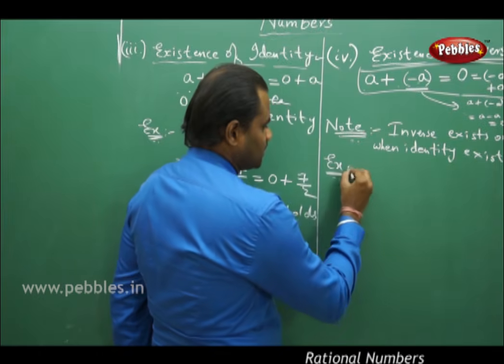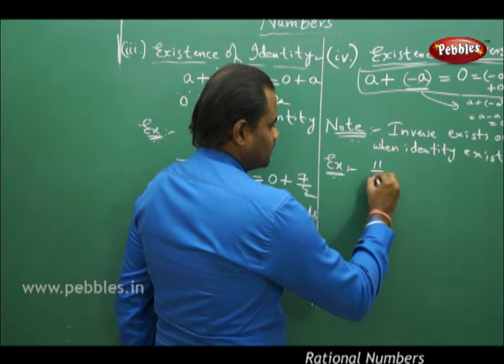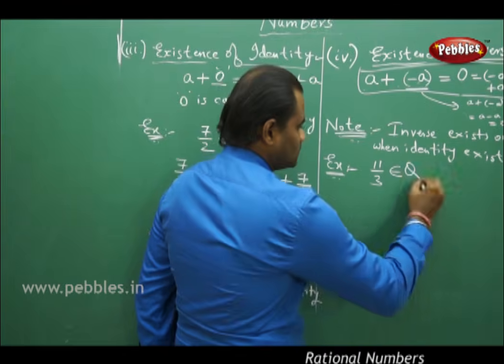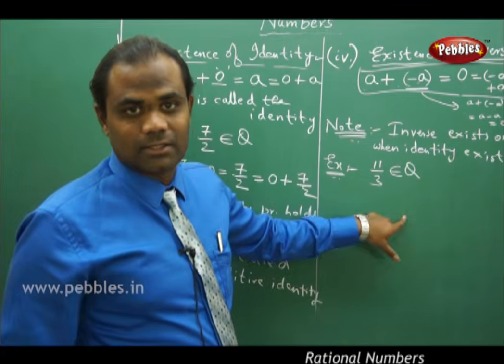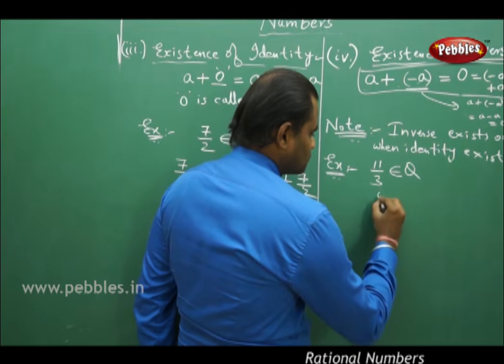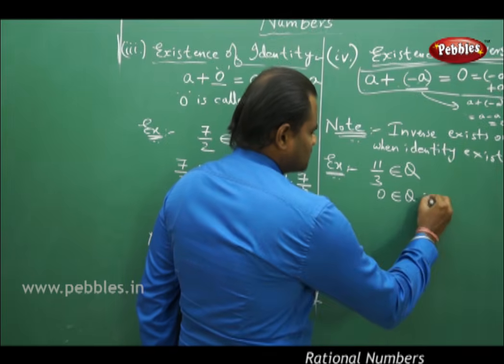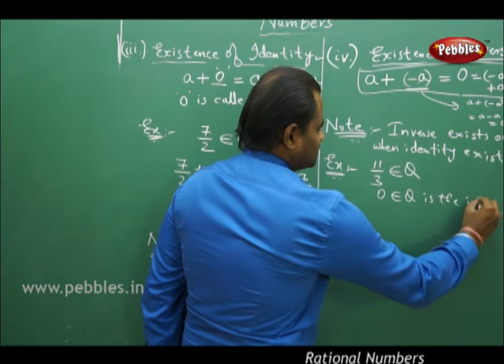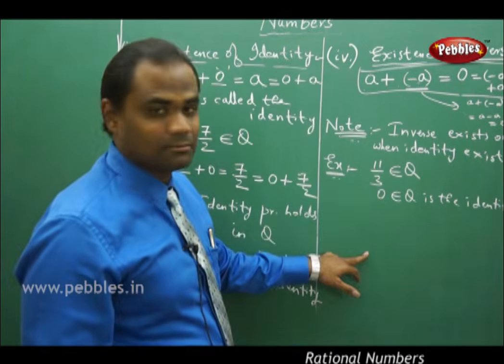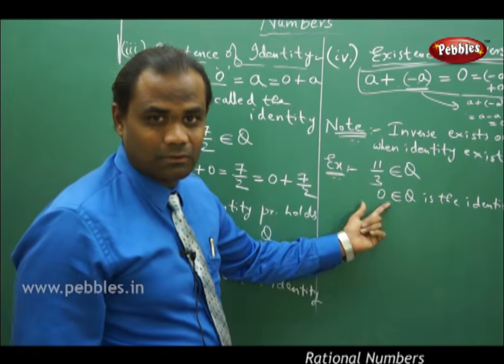For example, I take 11/3. It is a rational number. Now I want to find its inverse under addition. Before that, we know that 0 is the identity which belongs to Q. Now using this identity, I have to find the inverse of 11/3.